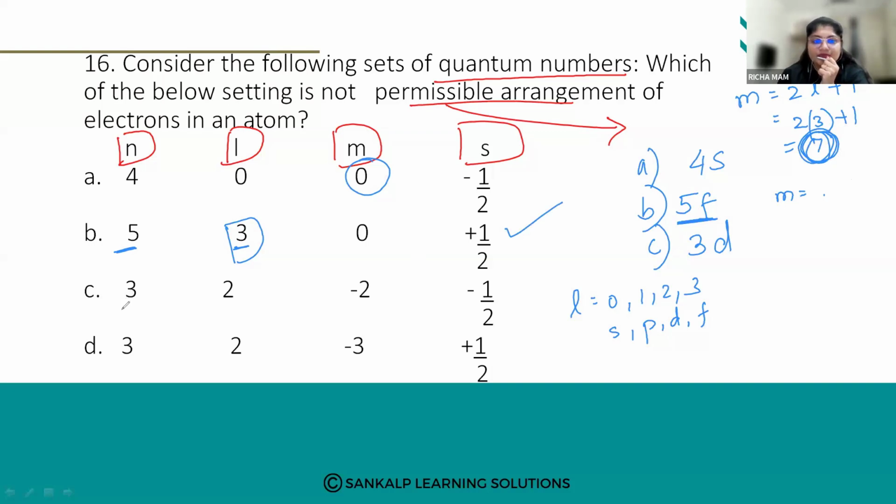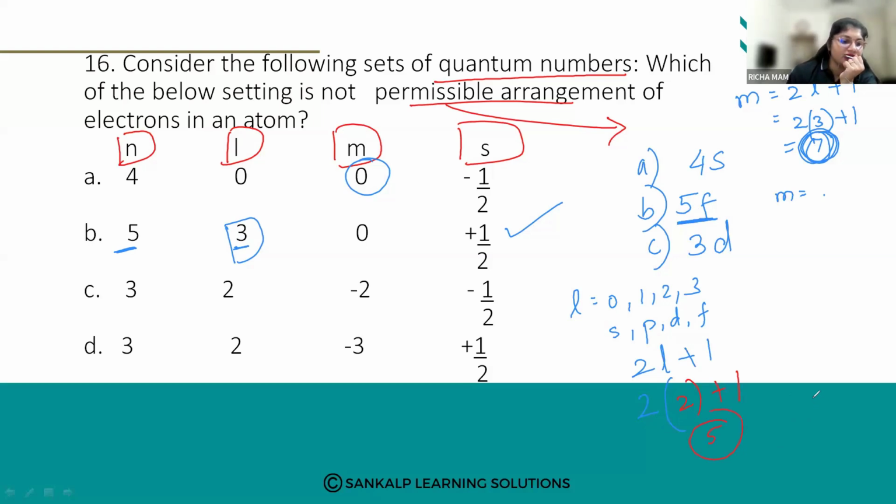Then option number C. Find out here 2l plus 1. The l value is 2, plus 1. So 2 times 2 is 4, plus 1 is 5. So 5 possible values are there. Which are the 5 possible values?